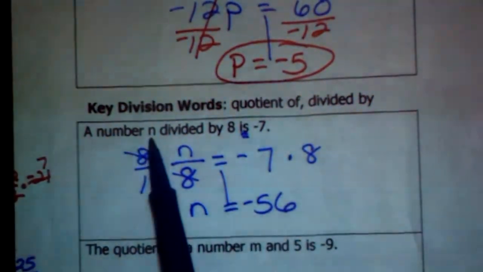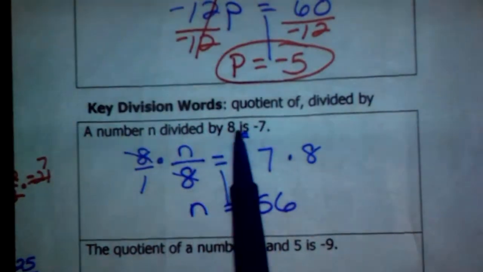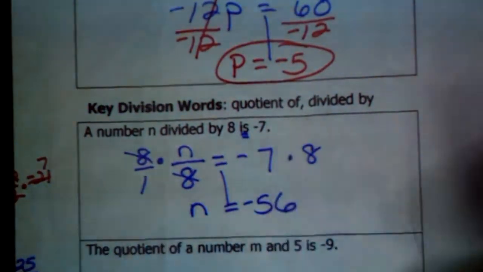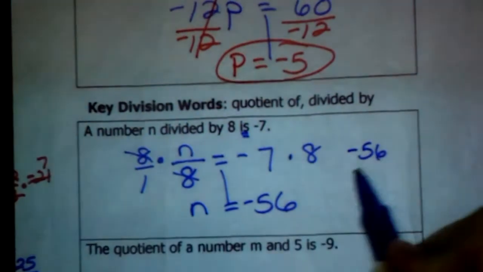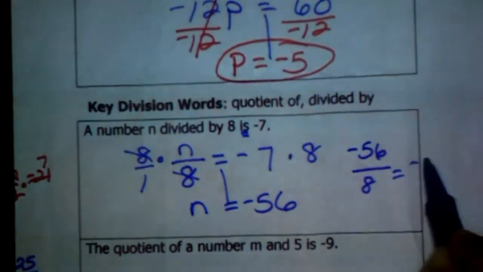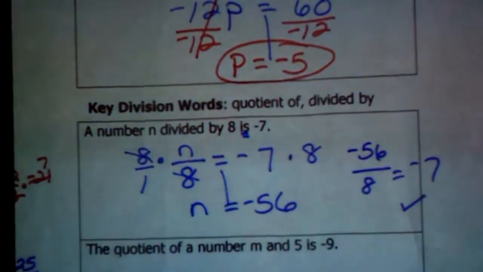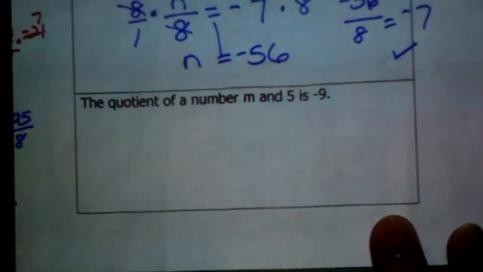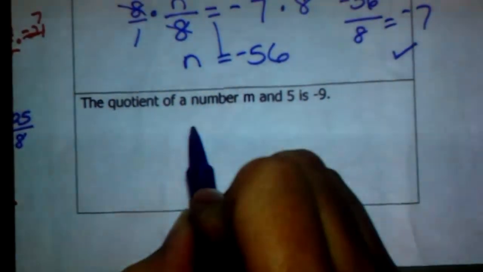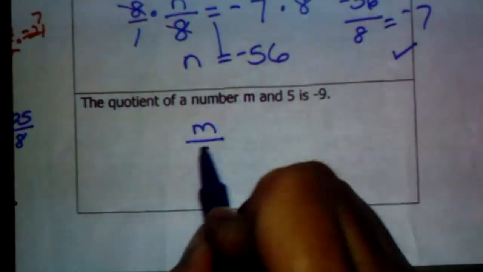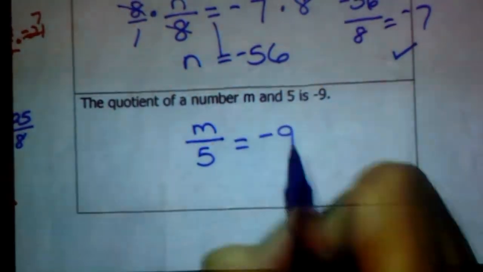Is a negative 56 divided by 8 equal to negative 7? Let's check. Yeah, it is. Okay. The quotient of a number m and 5 is negative 9. So m divided by 5 is negative 9.